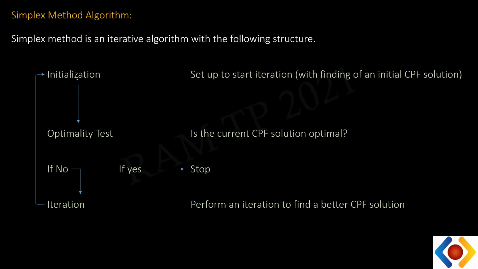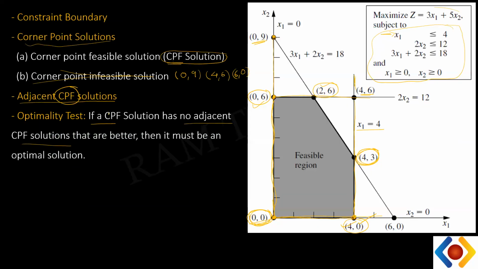Sir, can you please explain the optimality test once again? Yeah, sure. What the optimality test is telling us is that when you are evaluating a corner point solution, let's say we are here at this point, 2, 6, then what are the adjacent CPFs? 0, 6 and 4, 3.